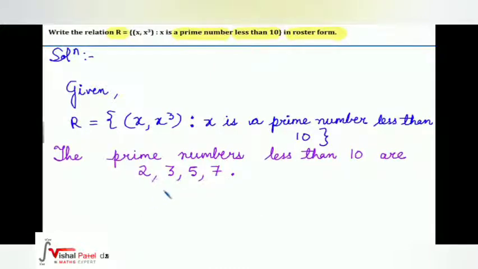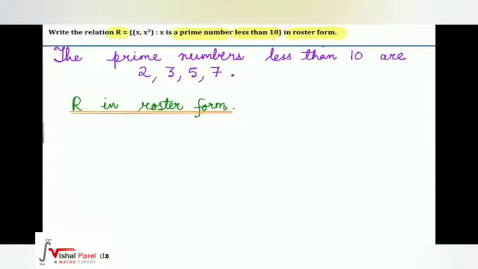So the roster form of this relation is, if we take 2, then y is 2 cube, that is 8. So the first pair is (2, 8). The second is 3 and 3 cube is 27.